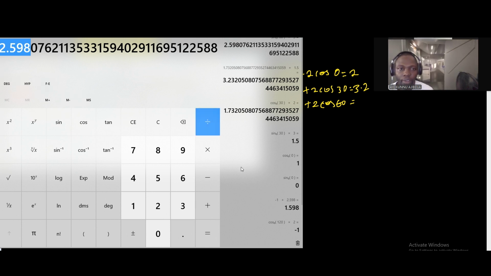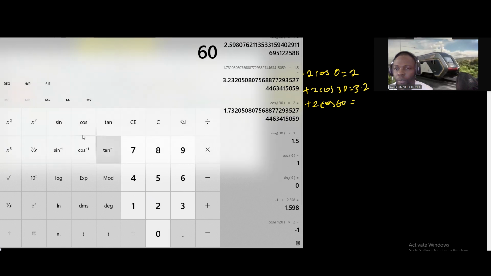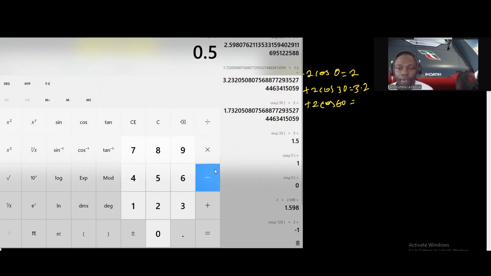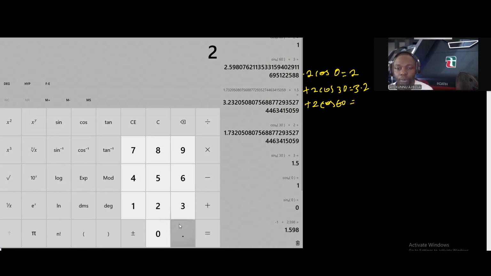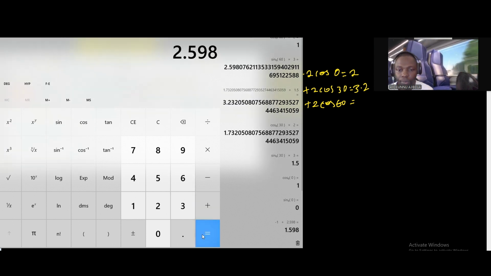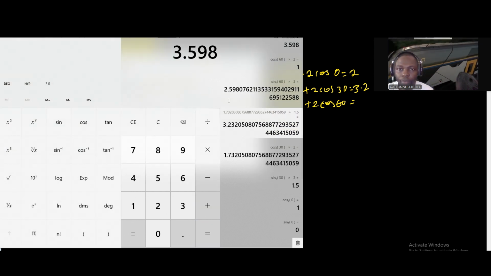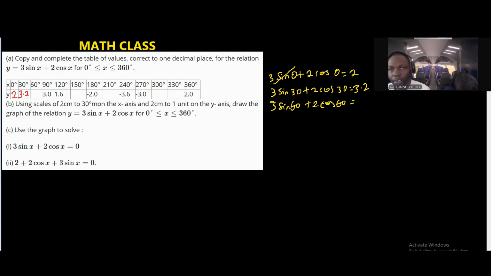Let's take note of that. Then we'll get cos 60. Cos 60 is 0.5, then times 2 gives us 1, then plus the 2.598 that we have before. So we'll get 3.598, which is approximately 3.6. Is that clear? Yes, sir. So 3.6.